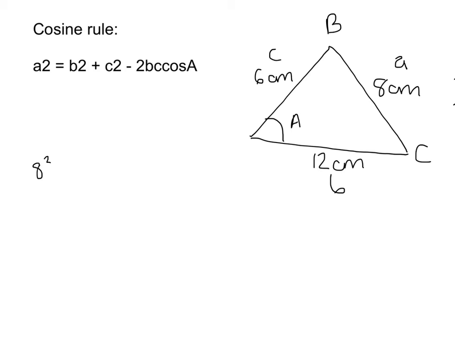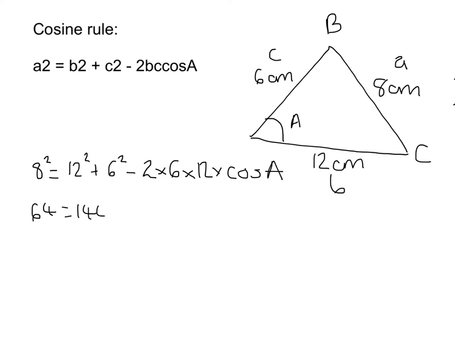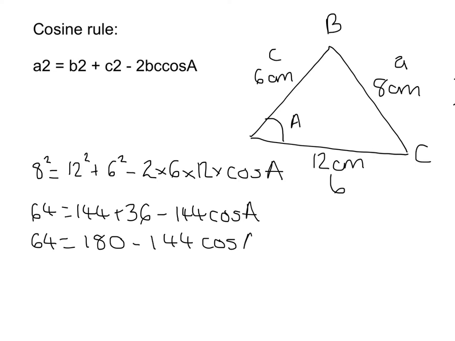So 8 squared equals 12 squared plus 6 squared, take away 2 times 6 times 12 times cos A. Now, that of course gives me 64 equals 144 plus 36, take away 144 cos A. Rearranging that then, well, first of all, actually, let's collect: 64 equals 180 take away 144 cos A.